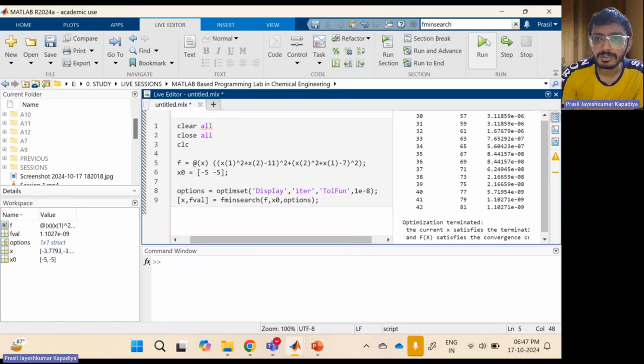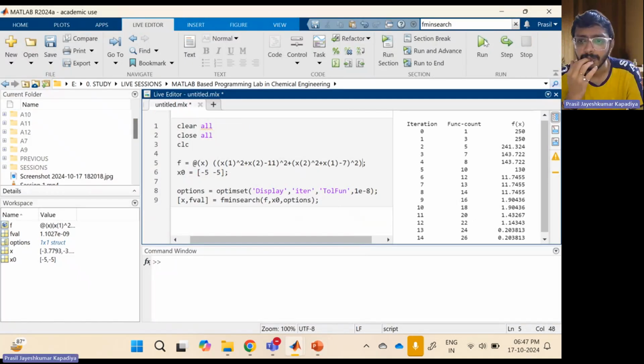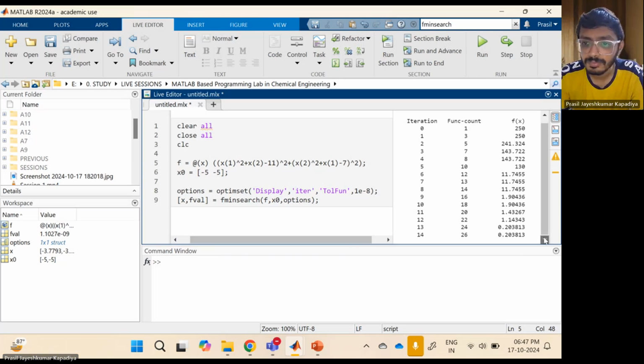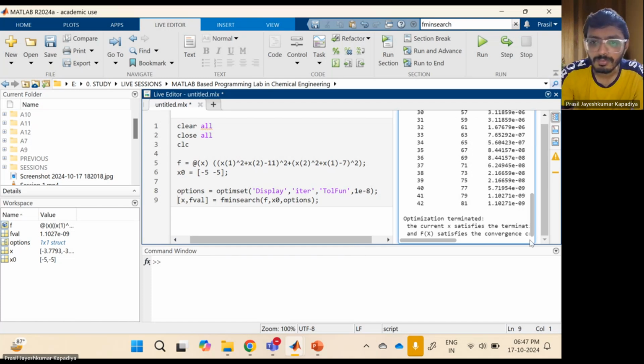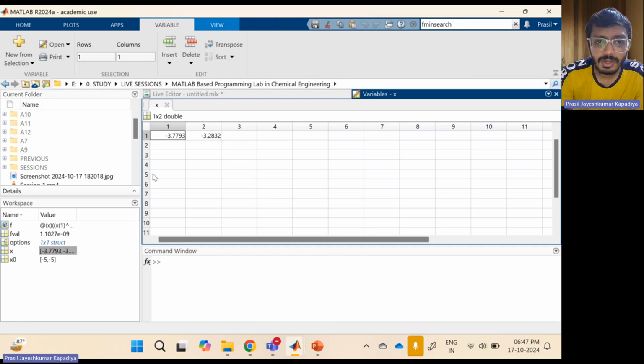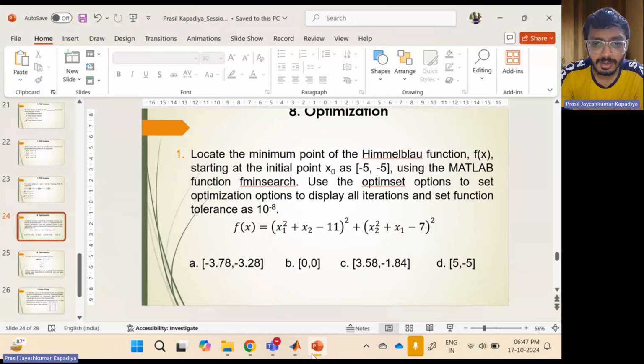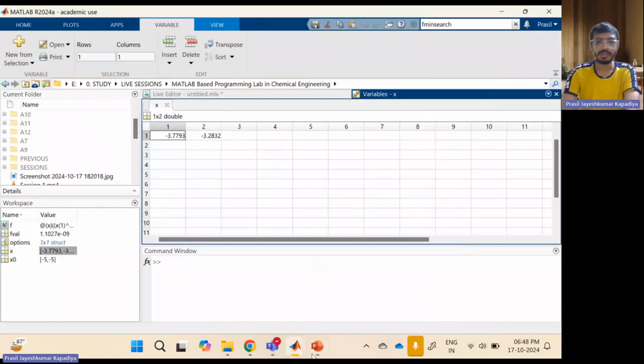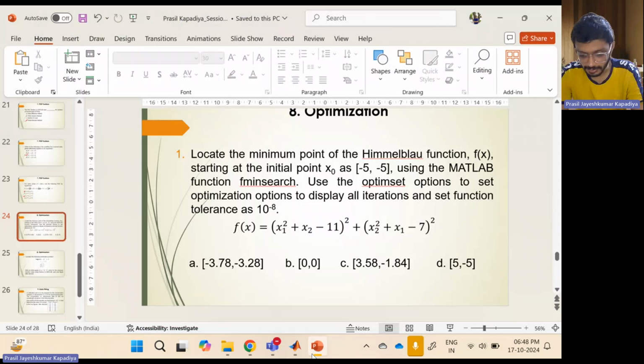Yeah, it should have worked. This is strange. Yeah, this value minus 3.77, meaning minus 3.78 and minus 3.28. So this is our correct answer.